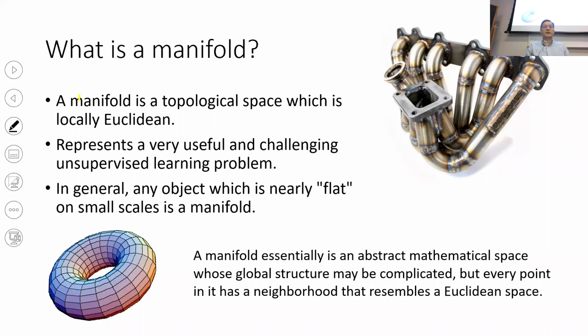So what is a manifold? This is a mathematical concept that describes a topological space which is locally Euclidean, but not on the global space structure level.